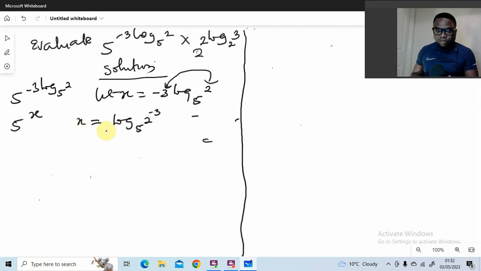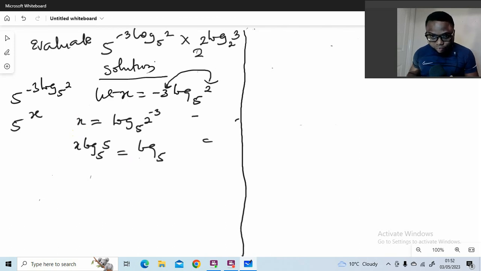I'm introducing it in order to cancel out, to eliminate this log 5. So this will be x log 5 base 5, because log 5 base 5 is 1, and 1 times x will still give me back x, equal to log 5. I'm using log 5 base 5 because this log is in base 5.